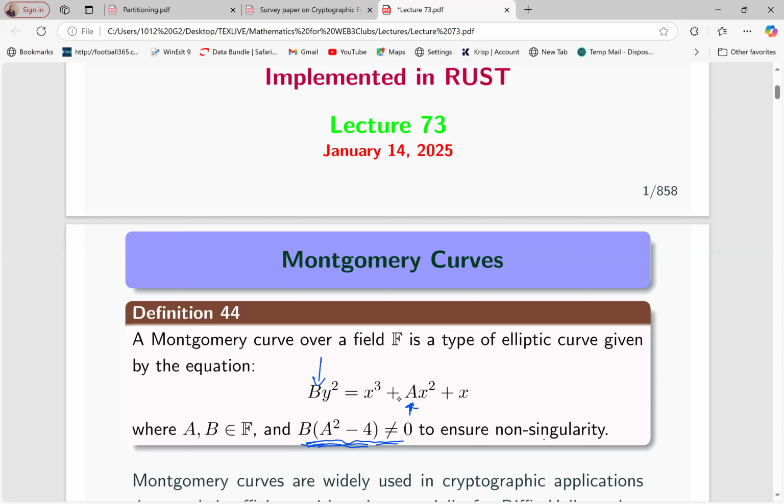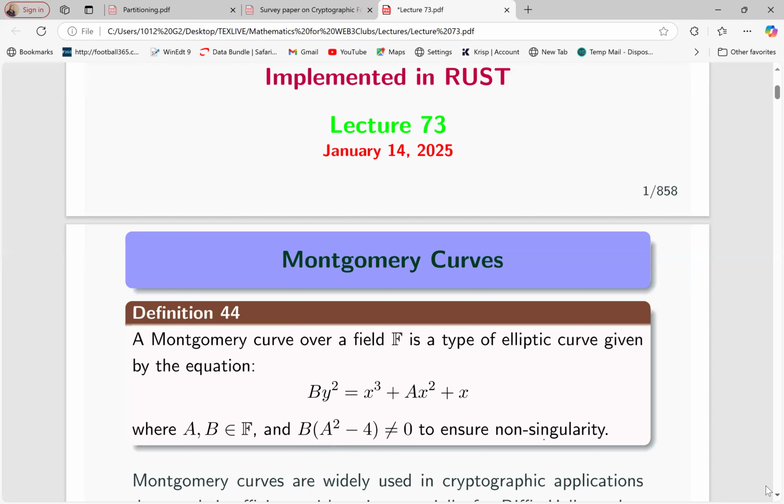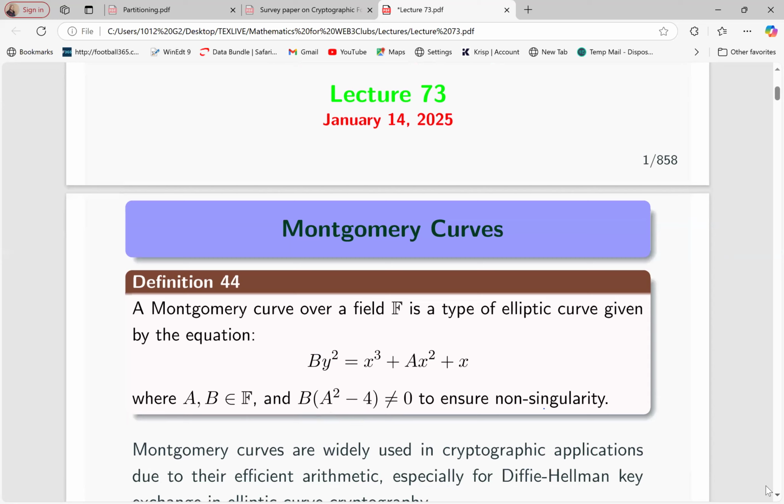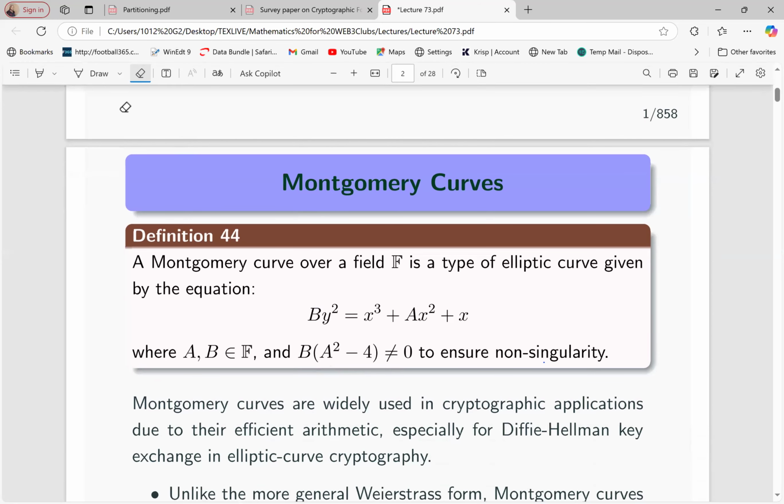It is a Montgomery elliptic curve. So that's a very important point there. The important point is that not all equations of this form will be elliptic curves. So you have to first of all find out whether it is one, by checking whether it's non-singular or not using this property.